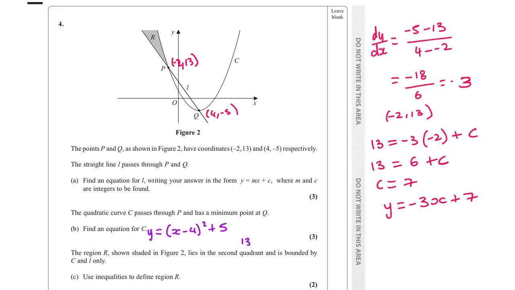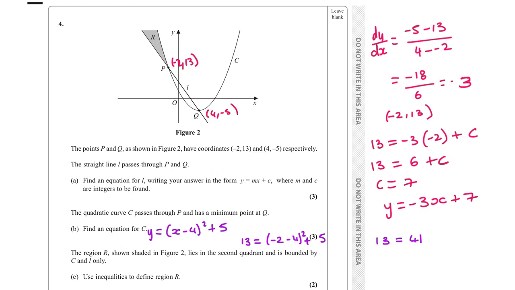So 13 equals minus 2 lots of minus 4 squared plus 5. Let's see if that's true. Minus 2 minus 4 is negative 6 squared. Negative 6 squared is 36 plus 5 is 41. I get 13 equals 41.